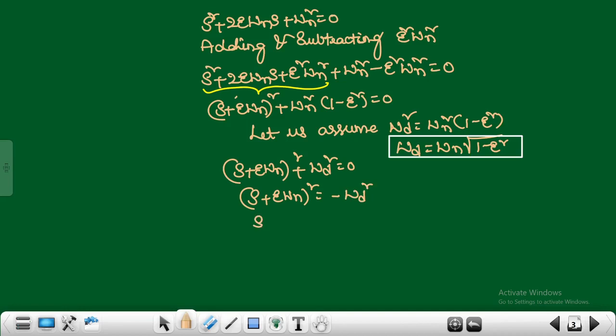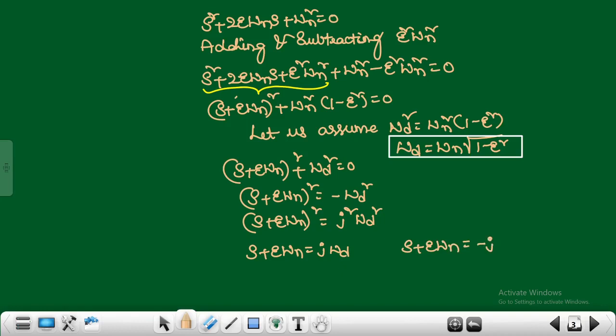Taking square roots, in place of minus I am writing j square omega d square. So what you are going to get: s plus zeta omega n is equal to j omega d, and another one, s plus zeta omega n is equal to minus j omega d. So you are going to get 2 roots.